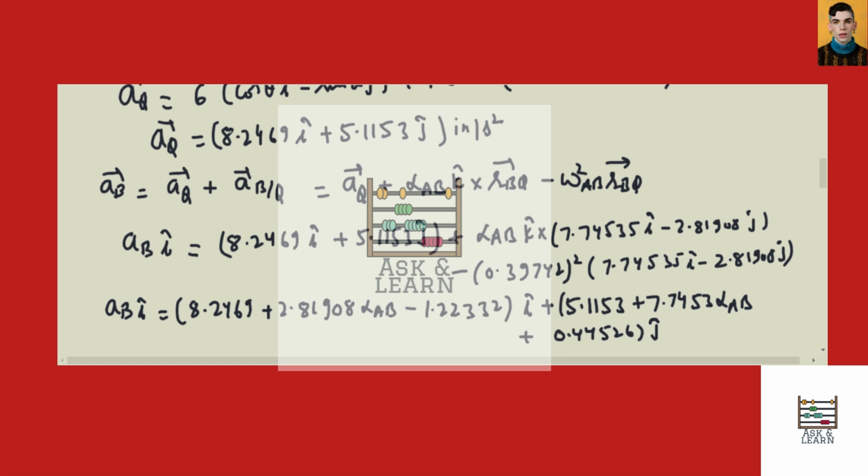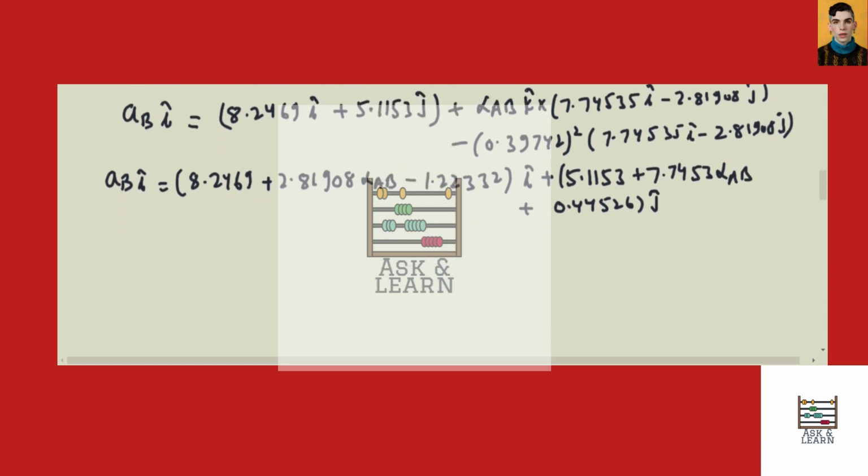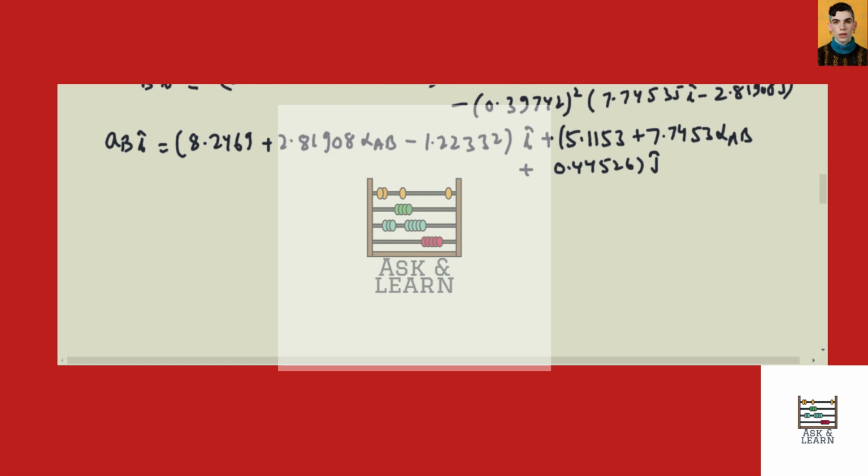Now equating the components along i and j, we can find the value.